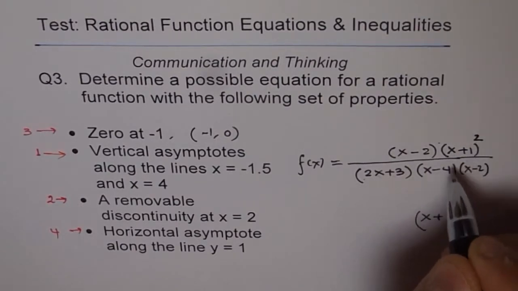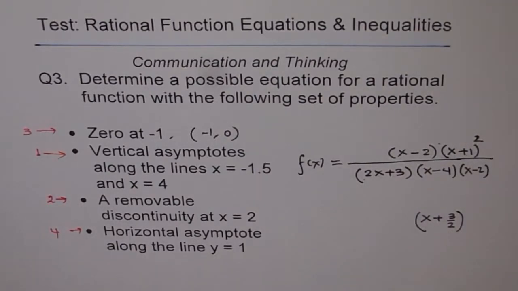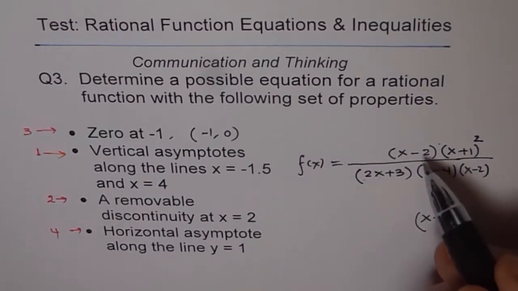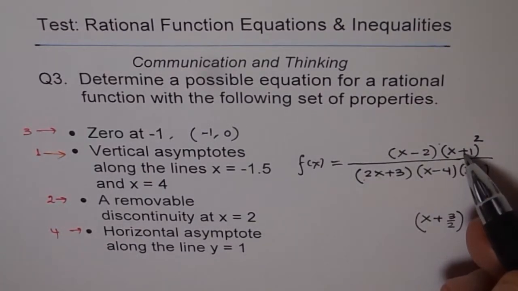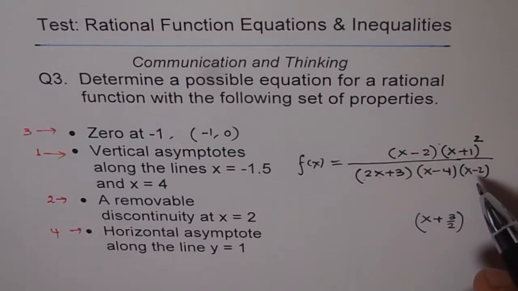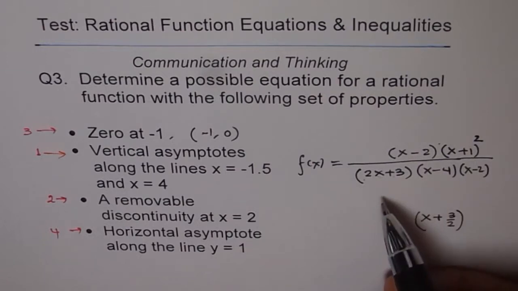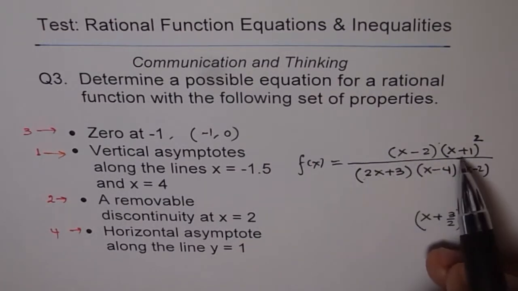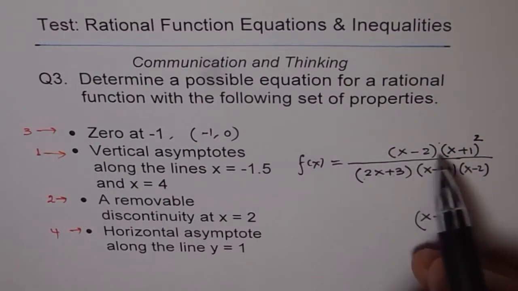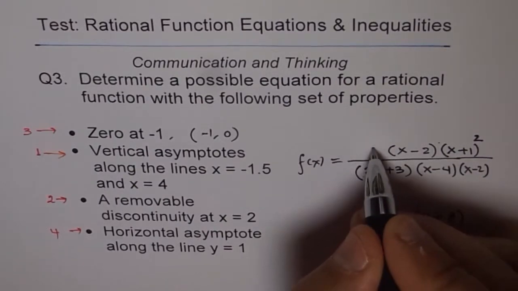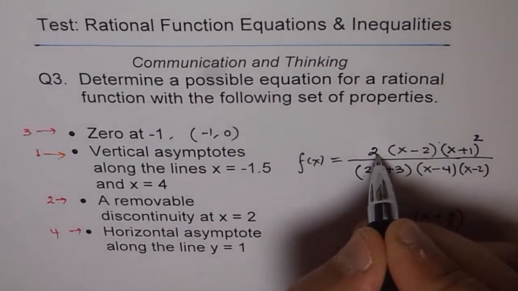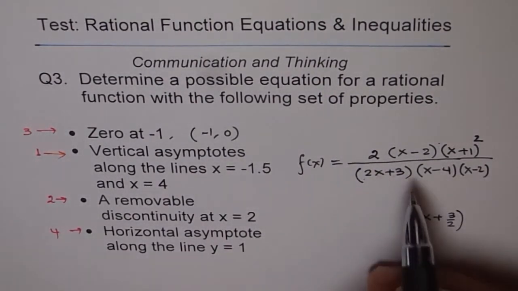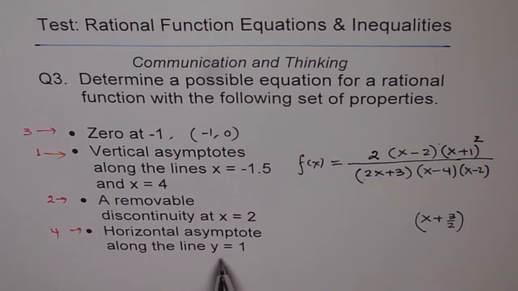If I square it, now the degree is the same. These cancel out, giving us a hole and a zero at -1, and the degrees are the same. But if I look at the coefficients, I have a coefficient of x cubed of 2 in the denominator, while here the x cubed coefficient is just 1. To make it the same, I need to multiply this by 2. If I multiply this by 2, the horizontal asymptote will be along the line y equals 1.